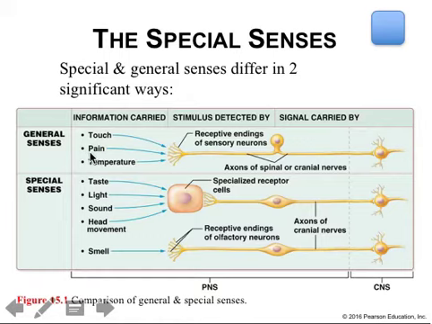They are going to produce an electrical event on the afferent neurons that are going to bring this information back into the CNS.